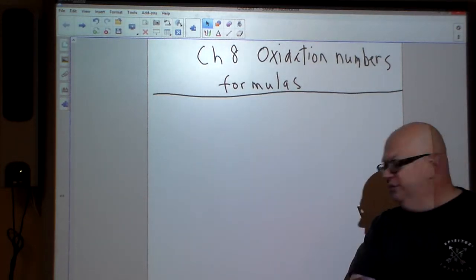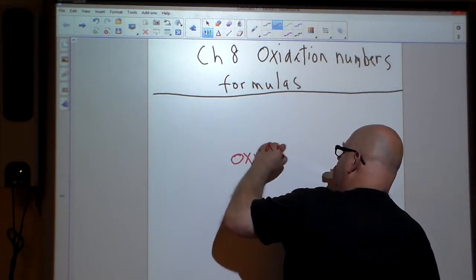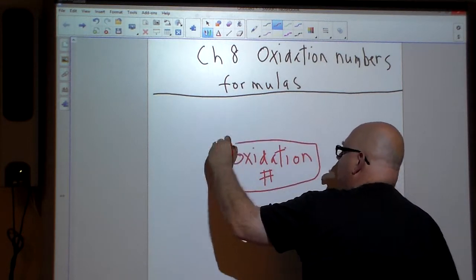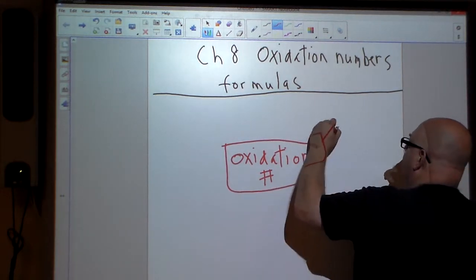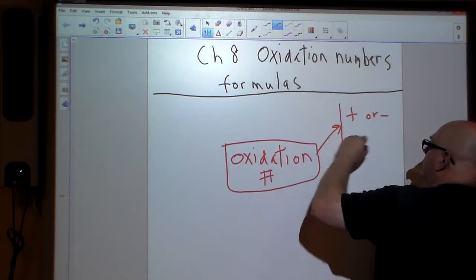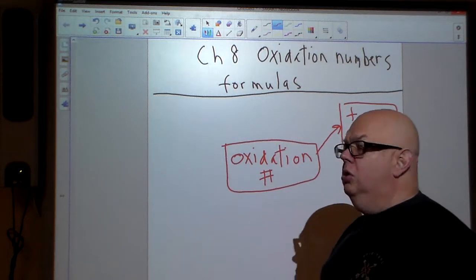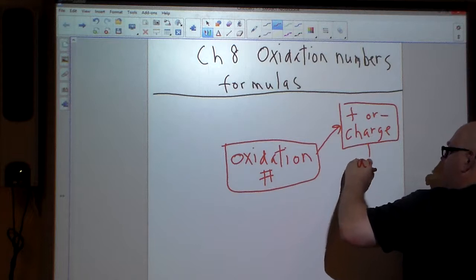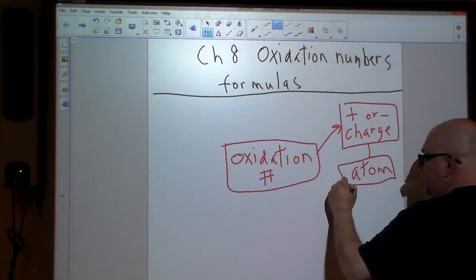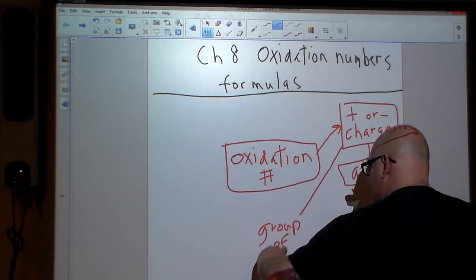We're going to oxidation numbers and formulas. The first question is, what's an oxidation number? Well, the oxidation number is the positive or negative charge for an atom, or maybe a group of atoms.